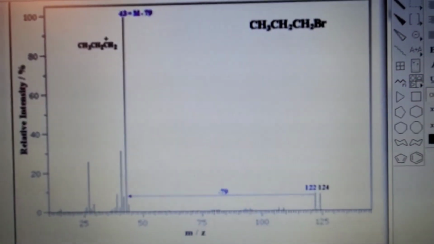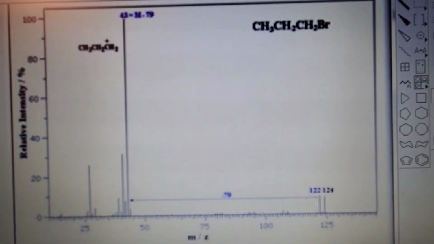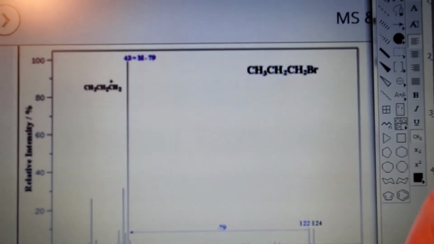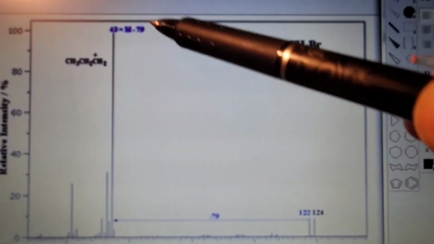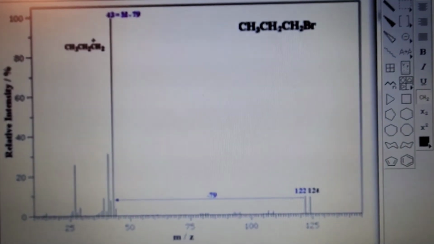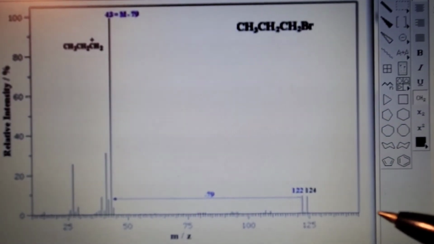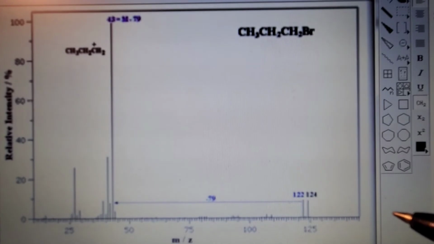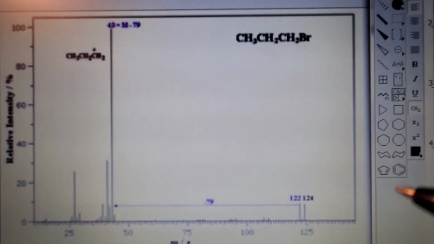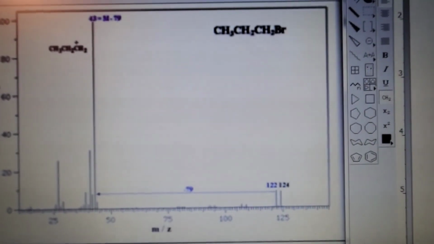Then you have the base peak here, the tallest peak. You read the number down there, and the number is 43, then subtract 43 from 122, and you get 79.